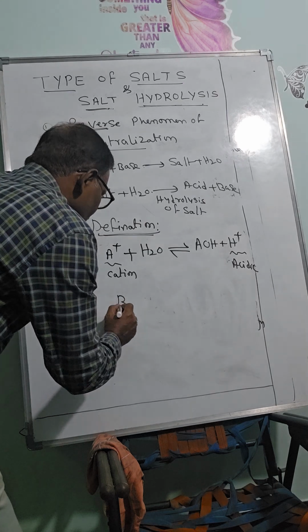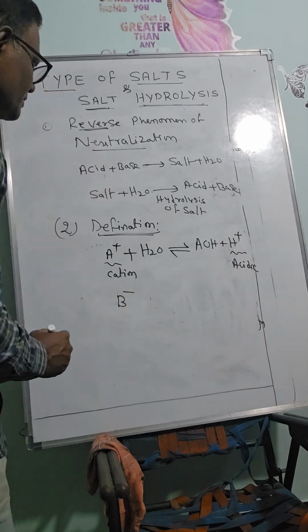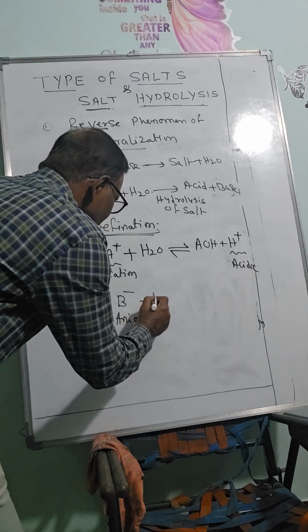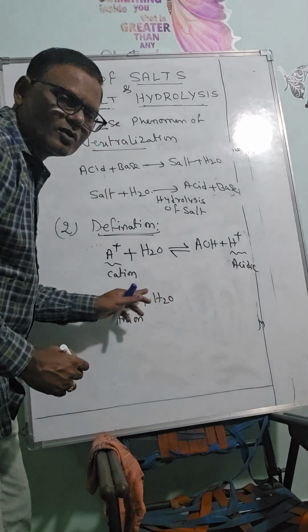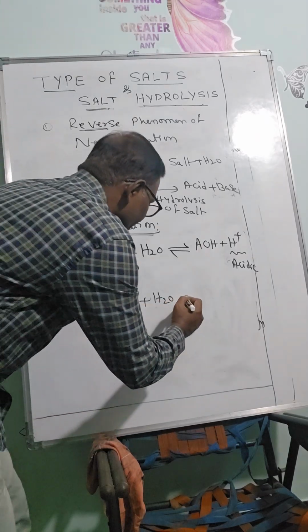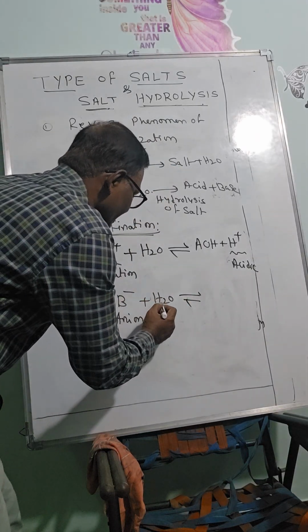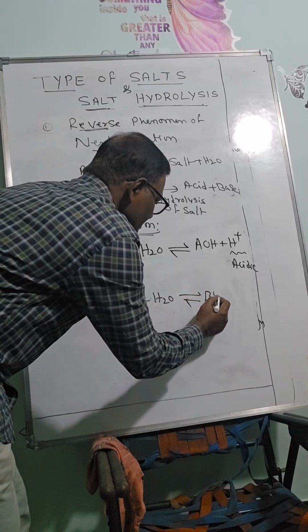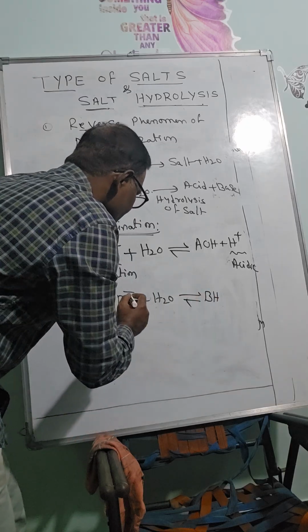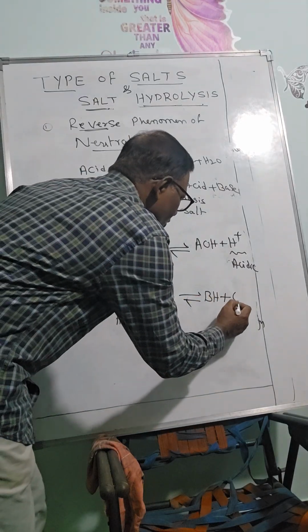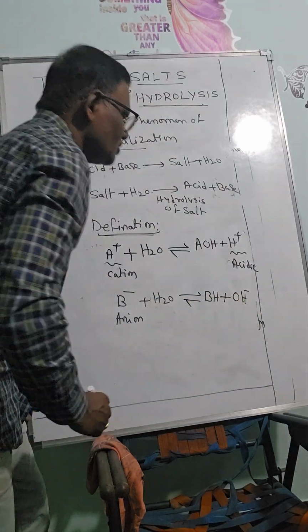Like the anion. Here the anion undergoes hydrolysis; I am taking B-. It reacts with water, and B- is attracted by the opposite charge ion H+ to form BH, which becomes neutral. What remains is OH- ions, which are produced.